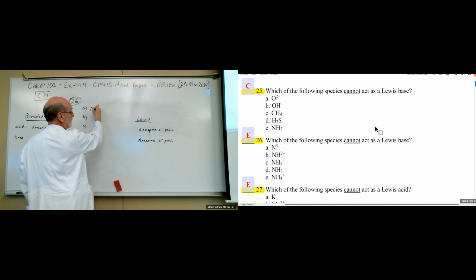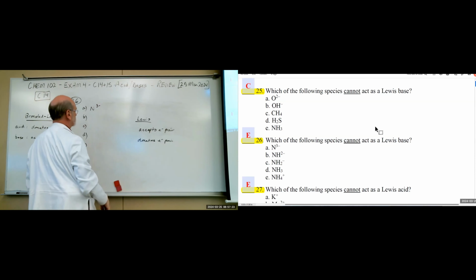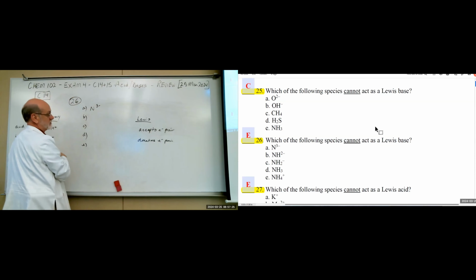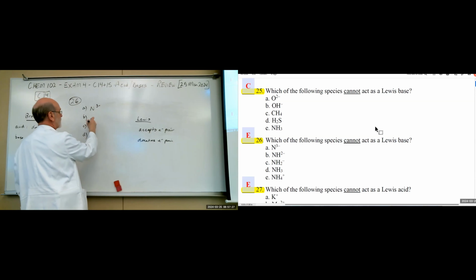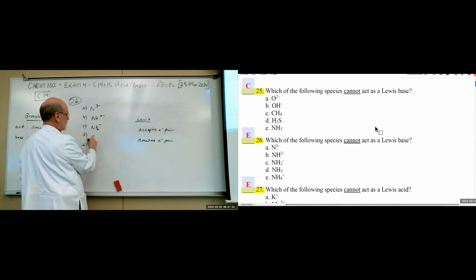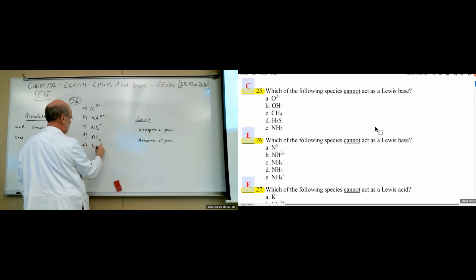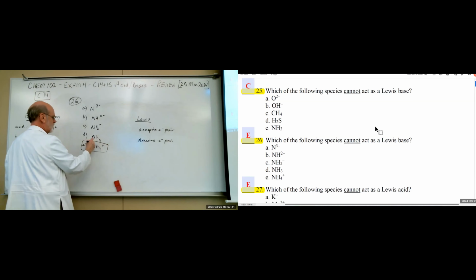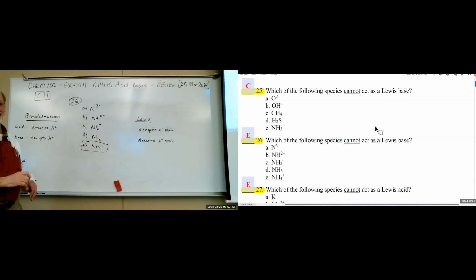N3 minus. All right, we've got lots of extra electrons there. Got extra electrons here, got extra electrons here, got extra electrons here. And that's the same answer. That one cannot be a Lewis base.